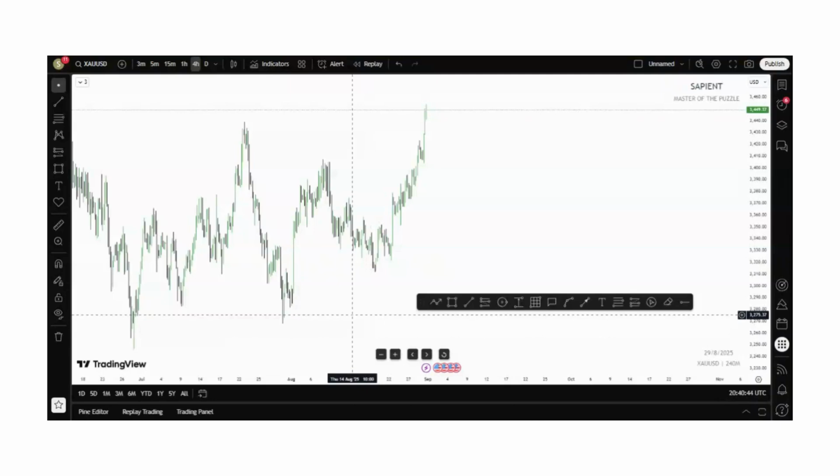We are going to study what the candlestick is and how it plays a role in day-to-day analysis. So yeah, let's go.